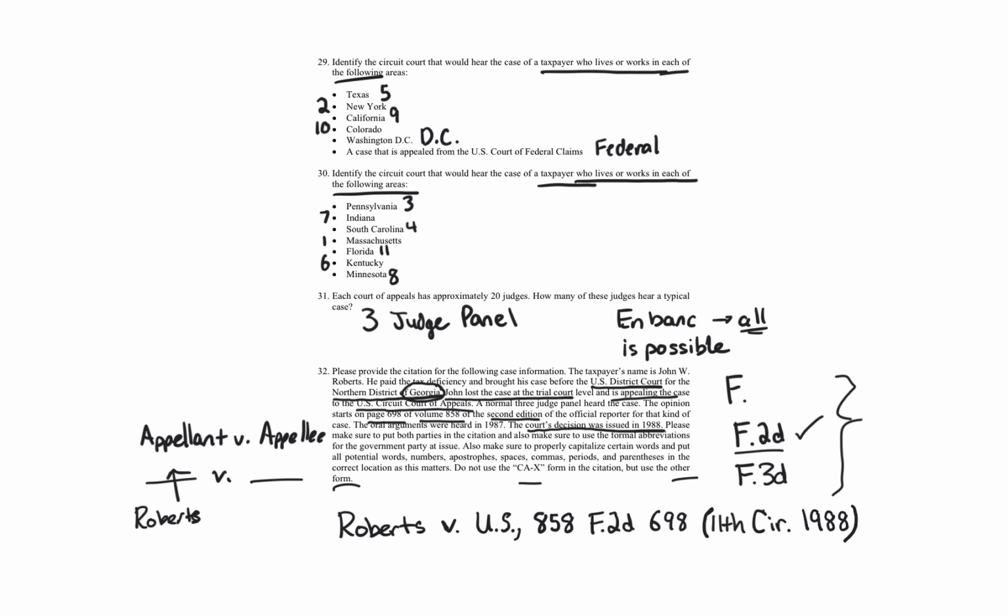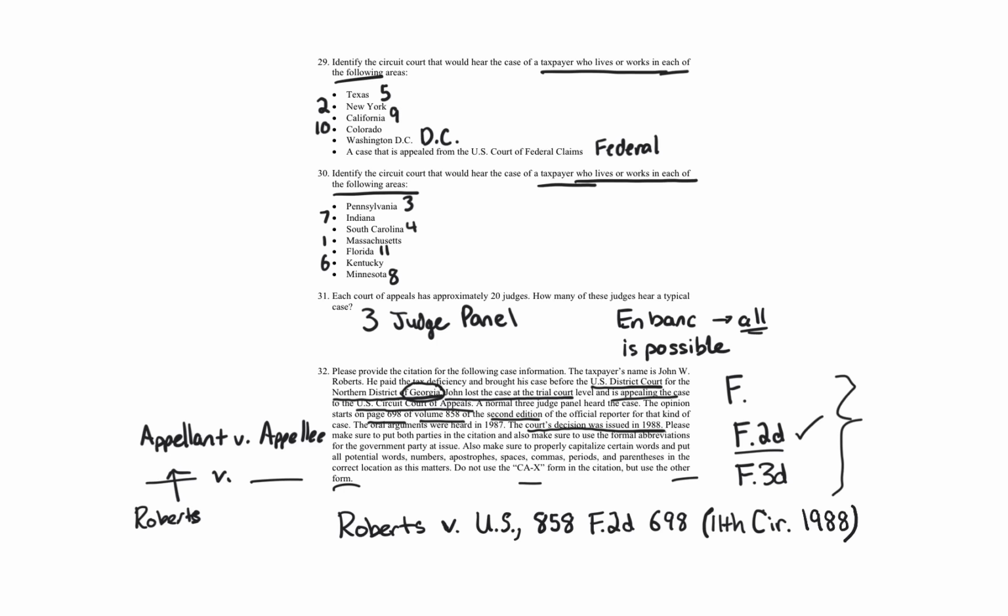It's in volume 858 of the second edition of the official reporter, which is F.2D, space 698. Starts on page 698, space 11th. So 11th, space, CIR, period, 1988. And that is the citation. Let me go ahead now and put in our spaces and we will be done.